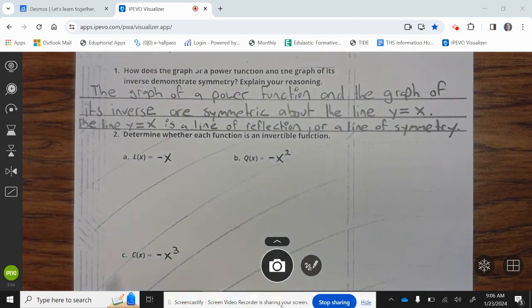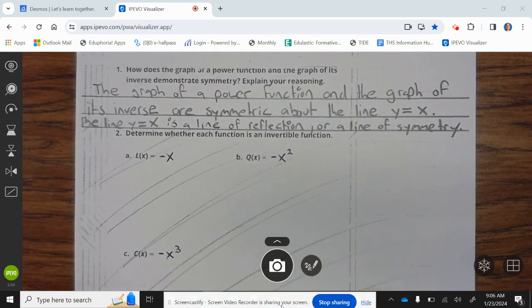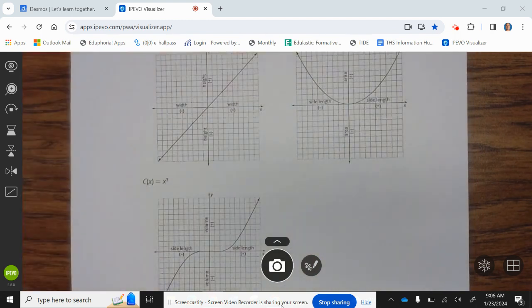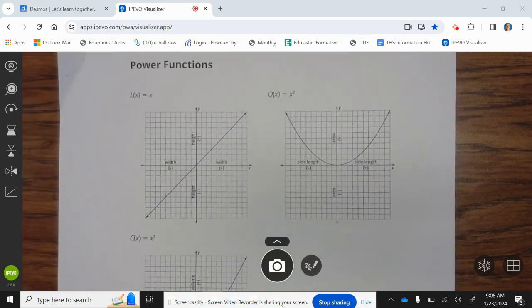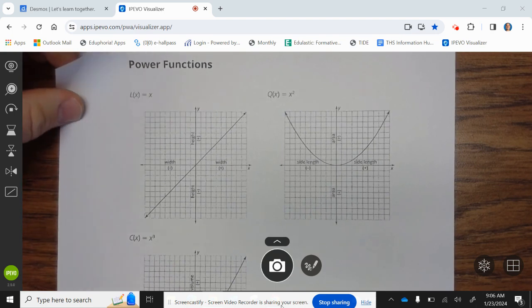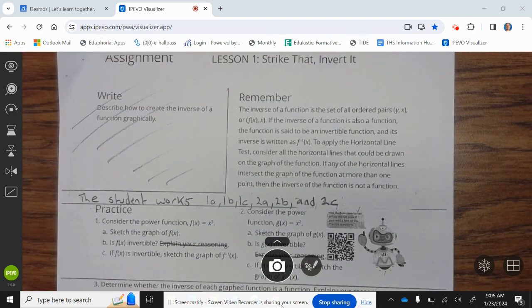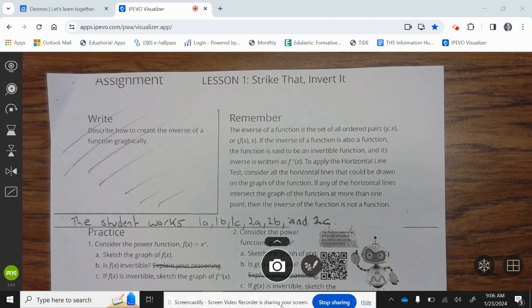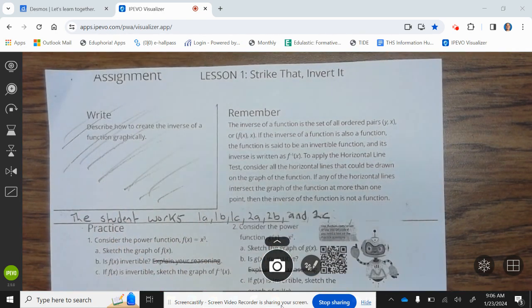Go ahead and mark these out. They, for whatever reason, decided to put the power functions on this page, so you're welcome to look over them. All right, you can mark this out.